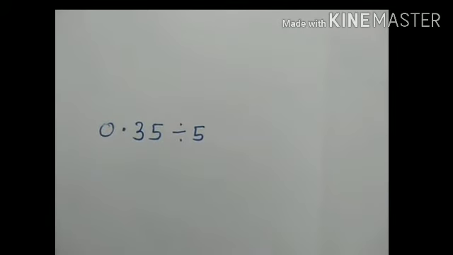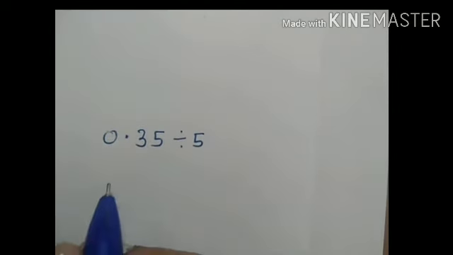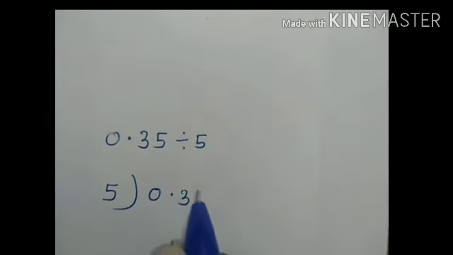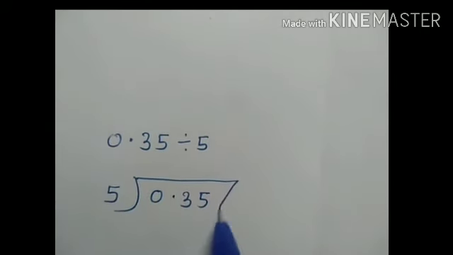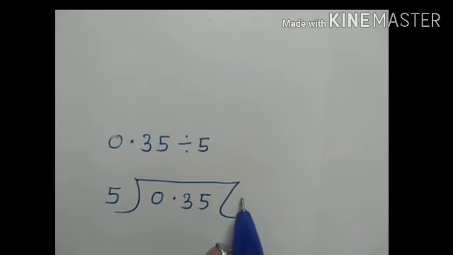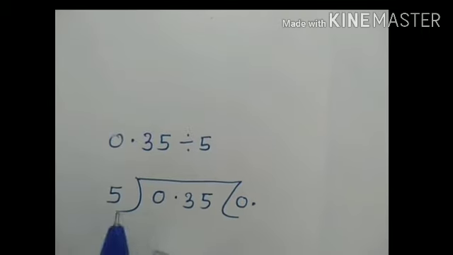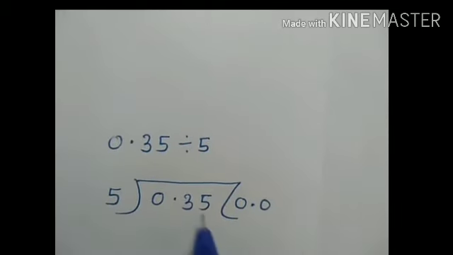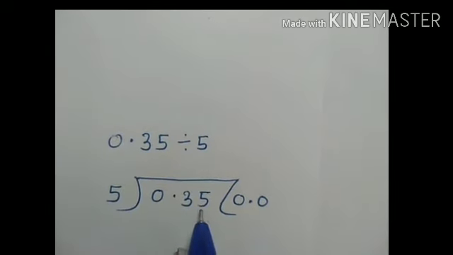Let's take one more example. We have 0.35 divided by 5. So here we have 0.35 divided by 5. As you can see, the whole part is not divisible by 5, so we have to just write down 0 point. Here we have 3 and 3 is not divisible by 5, so we have to put the 0 over there, and now we consider both the digits.